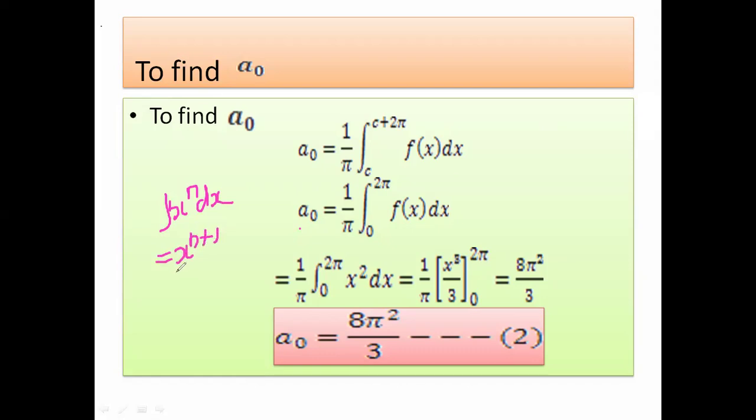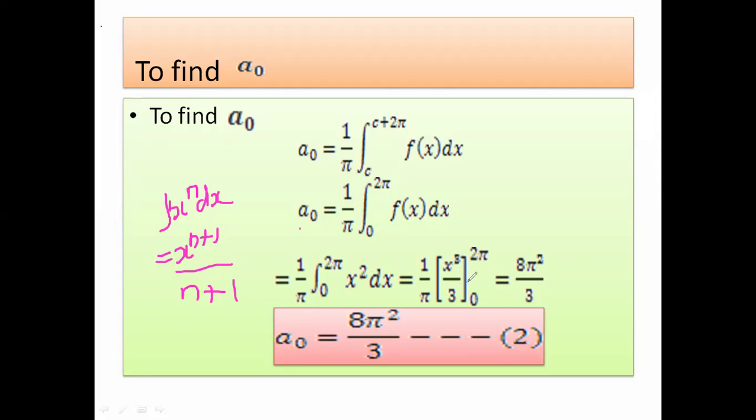Apply this here: f of x is x square, n is equal to 2, so x to the power 2 plus 1 divided by 2 plus 1. So you get x cube by 3 in the interval 0 to 2 pi.